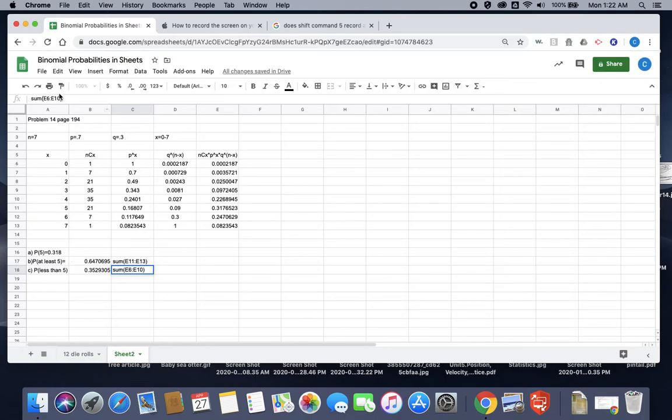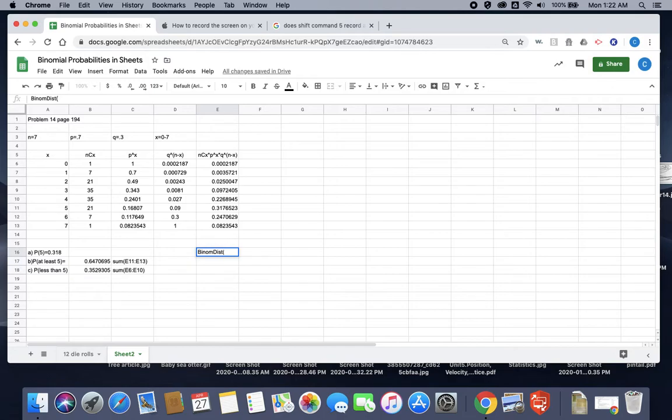And so here we are, we've answered number 14, page 194, very quickly and easily by creating the entire binomial distribution. Now, Sheets has some other functions we can use. Binomial distribution.